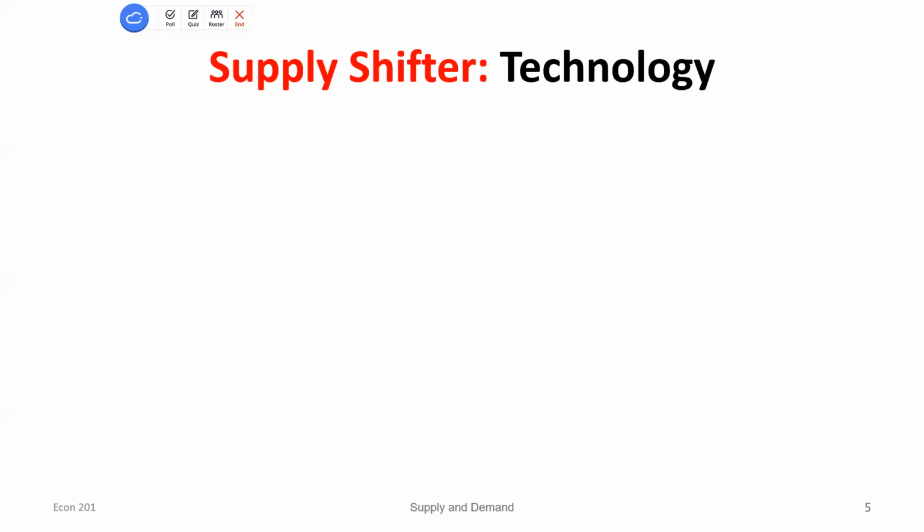So I can think about it this way, right? Let's say I set a price of $5, and at $5, I would supply 5 units. What that's telling me is that for every single quantity below this, so 4, 3, 2, 1, the marginal cost of each one of those units is below $5.